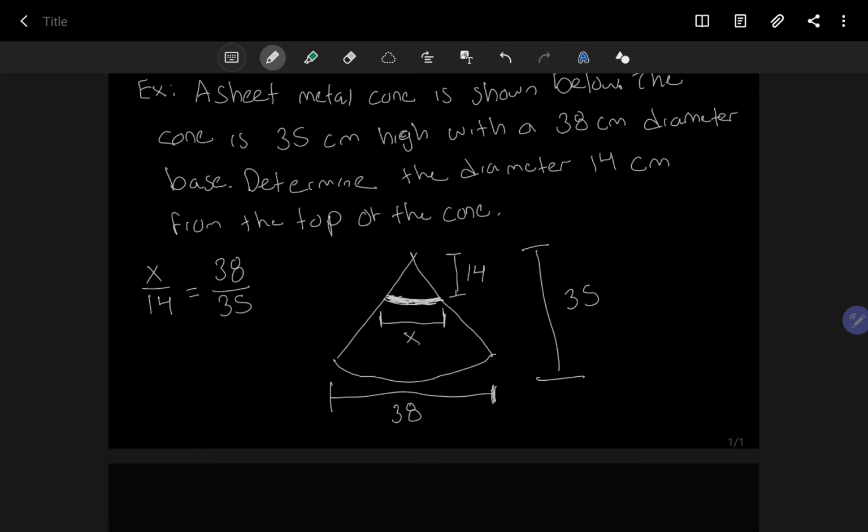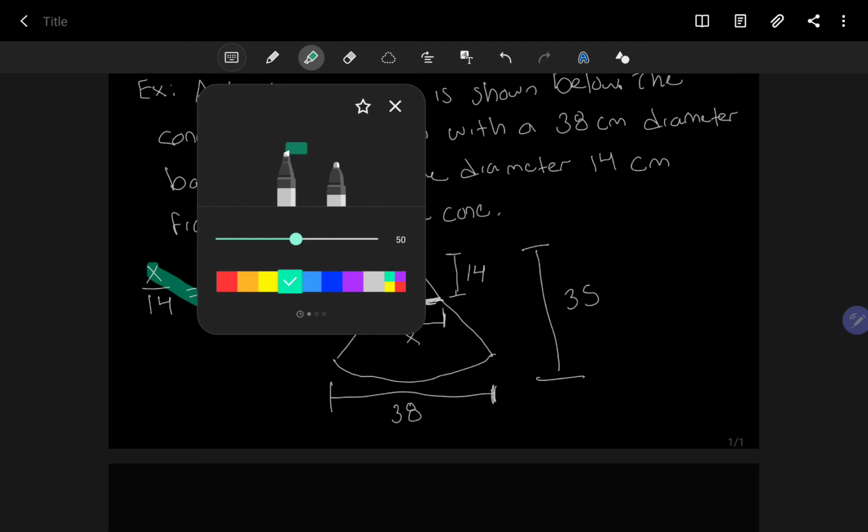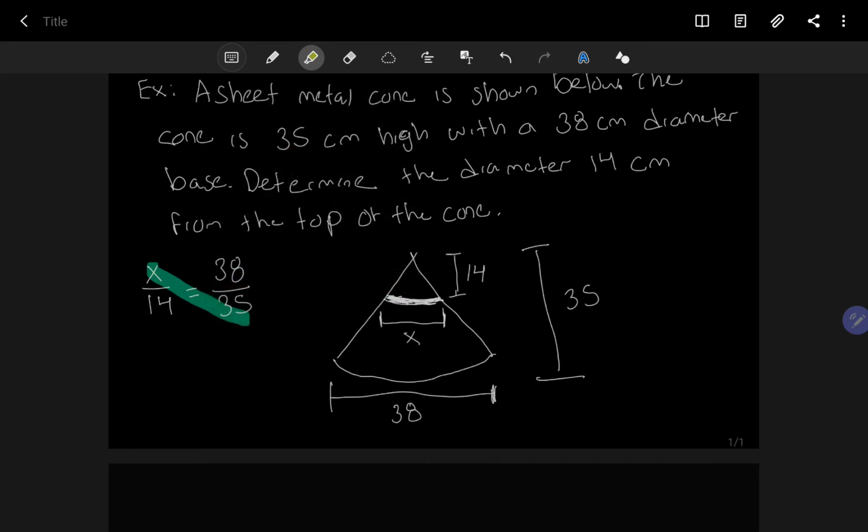So from here, what I need to do now is just like before, cross multiply. So we got 35x equals 14 times 38, which we get 532. And now we just divide by 35.